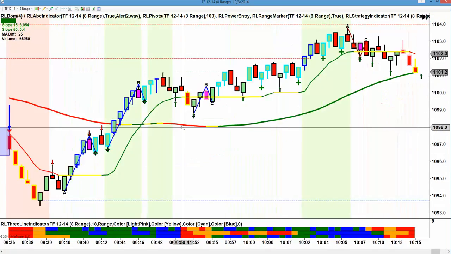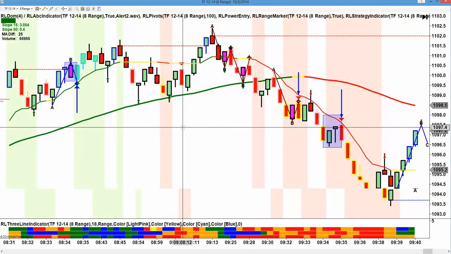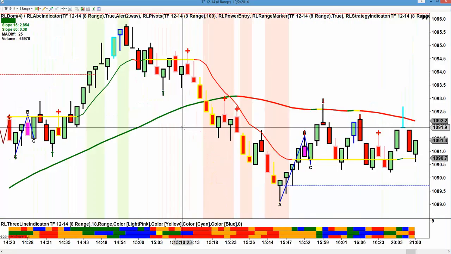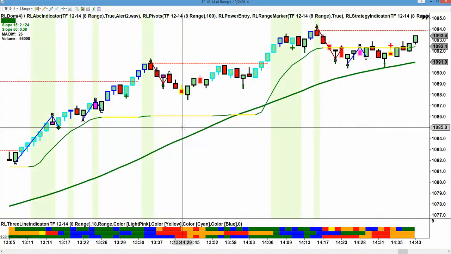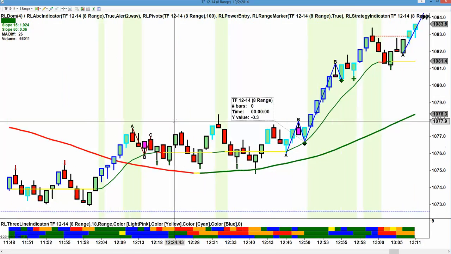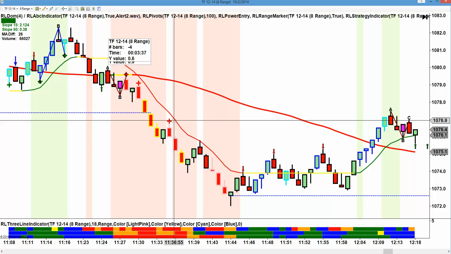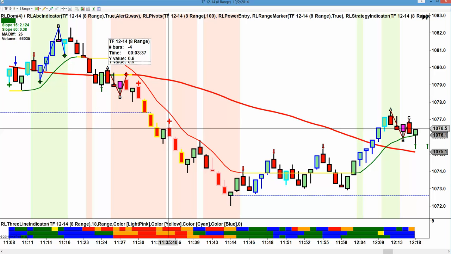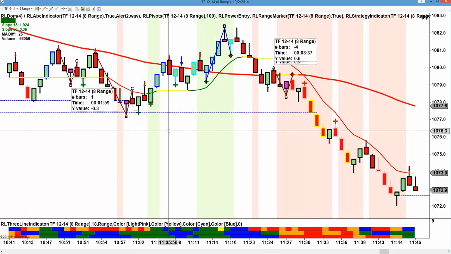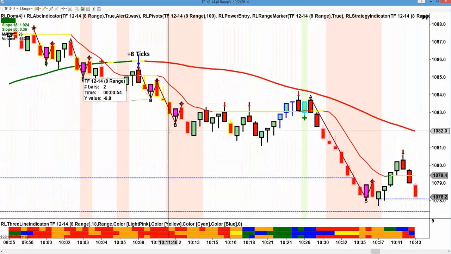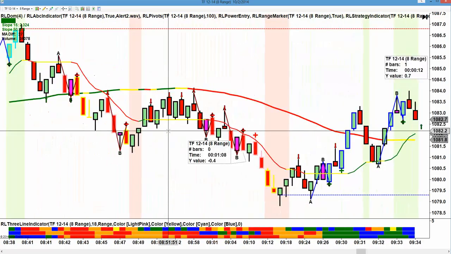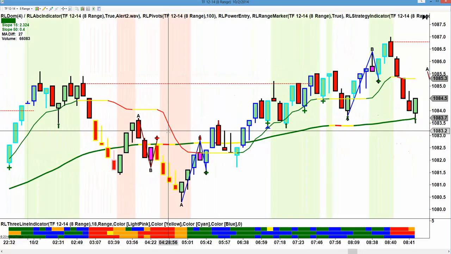Now, let me see if I can find one. Always when you look for something, you can't find it. See, single candle retracement, momentum. Single candle retracement, momentum. Let's find a multi-candle retracement.